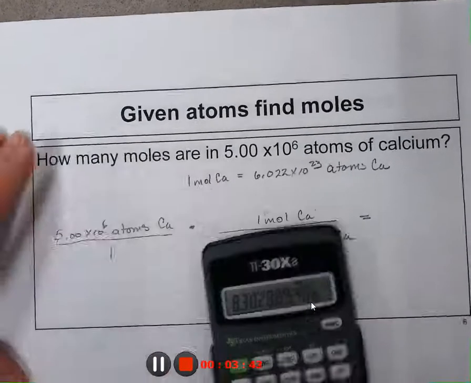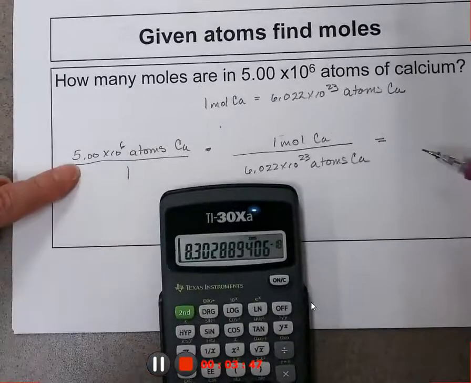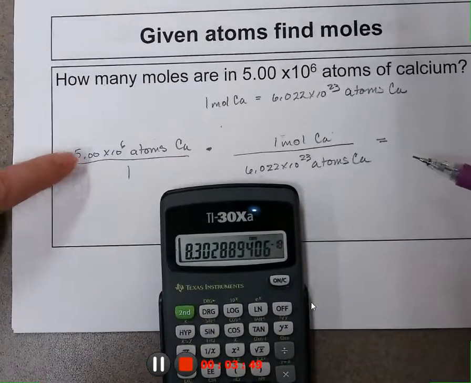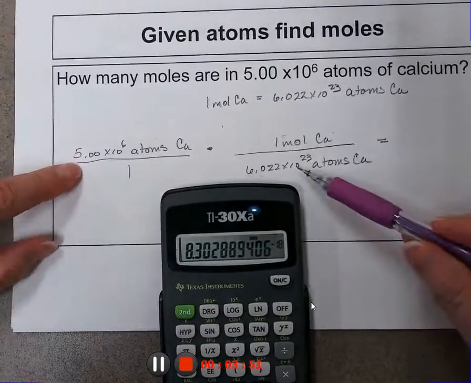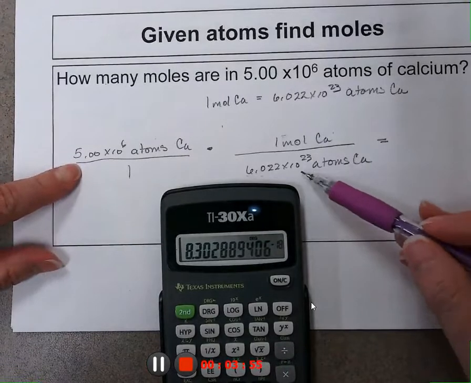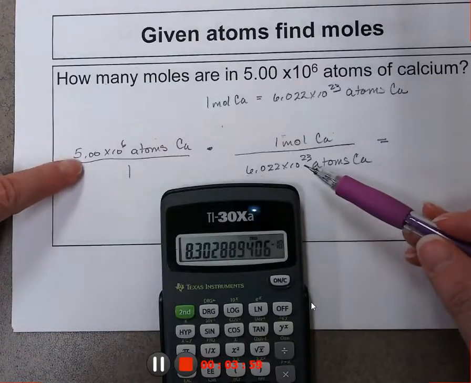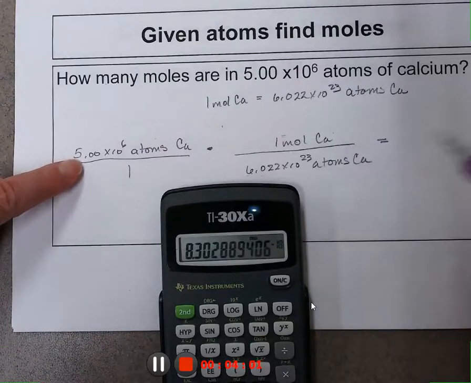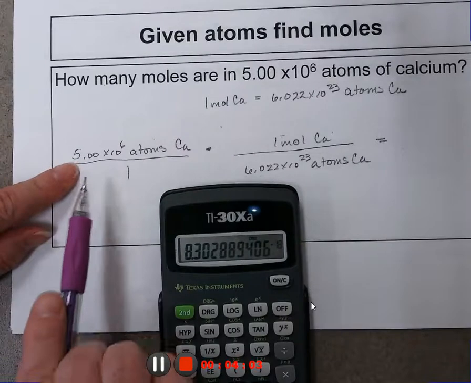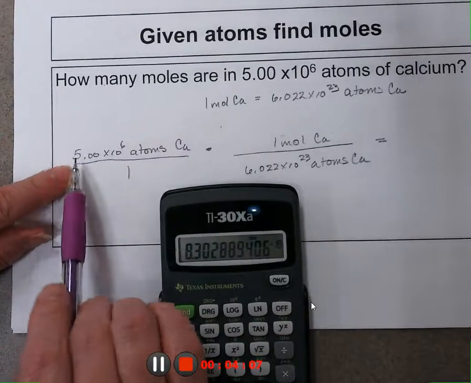Alright, this is important to figure out what the final right answer is, because we have to follow the significant digit rules. Exact numbers, like Avogadro's, don't count in that calculation. So the given is the thing that determines the number of digits in our final answer, and the fact that this is times 10 to the 6 doesn't change anything.